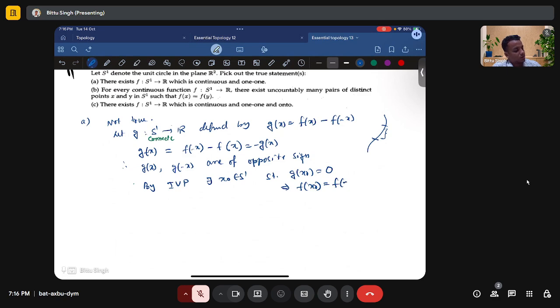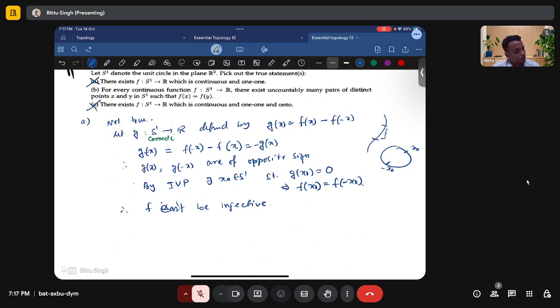So f of x0 is the same as f of minus x0. Therefore f cannot be injective. x0 and minus x0 are distinct antipodal points of the circle. So A is not true.